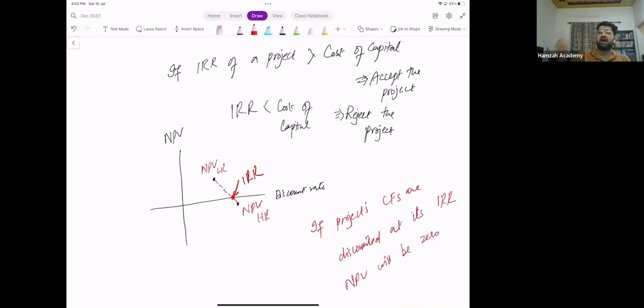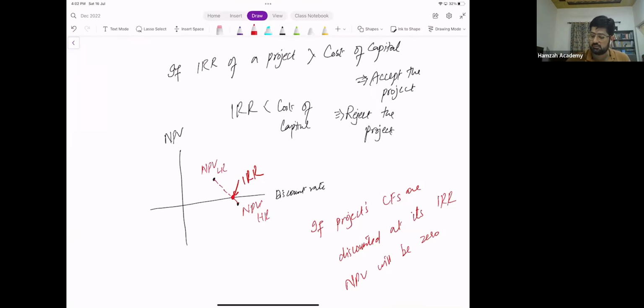Because discounting at IRR means that we are deducting all the project's return from it. I repeat, discounting a project's cash flow at IRR means that we are deducting all of its return from the project. That's why we say it is 0.